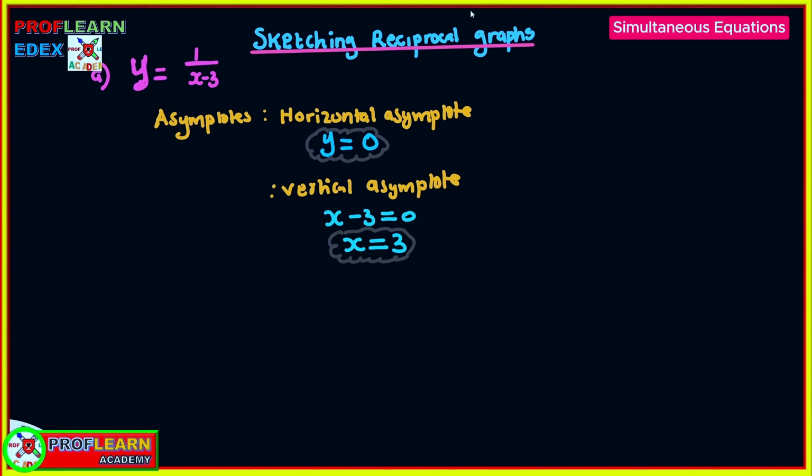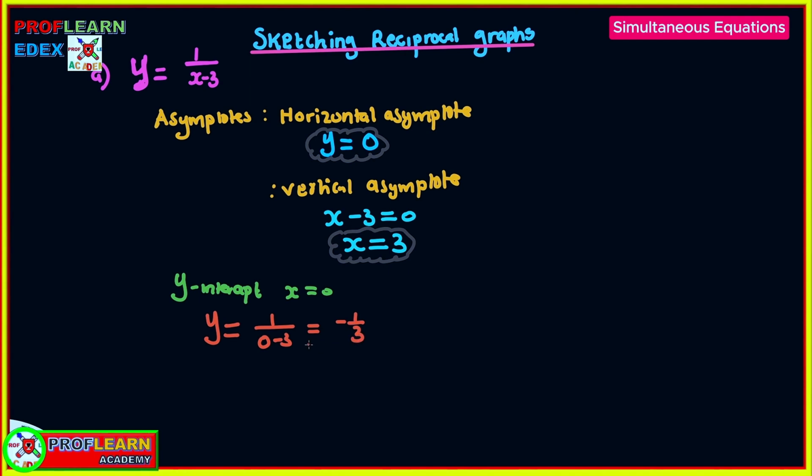Now, something else that you need to know to sketch curves is the intercepts. In this case, we need the y-intercept. Remember, for the y-intercept, x equals 0. So we substitute x equals 0 into the equation that was given, and we get y equals negative 1 over 3.